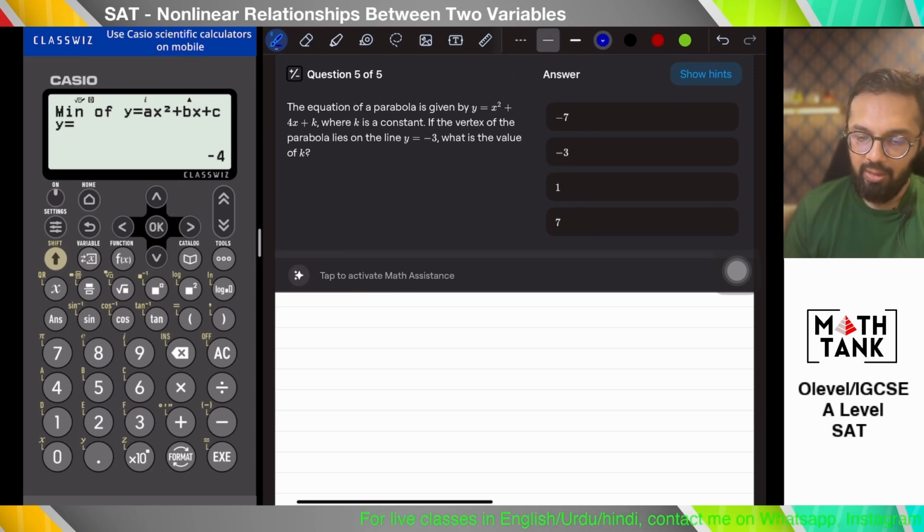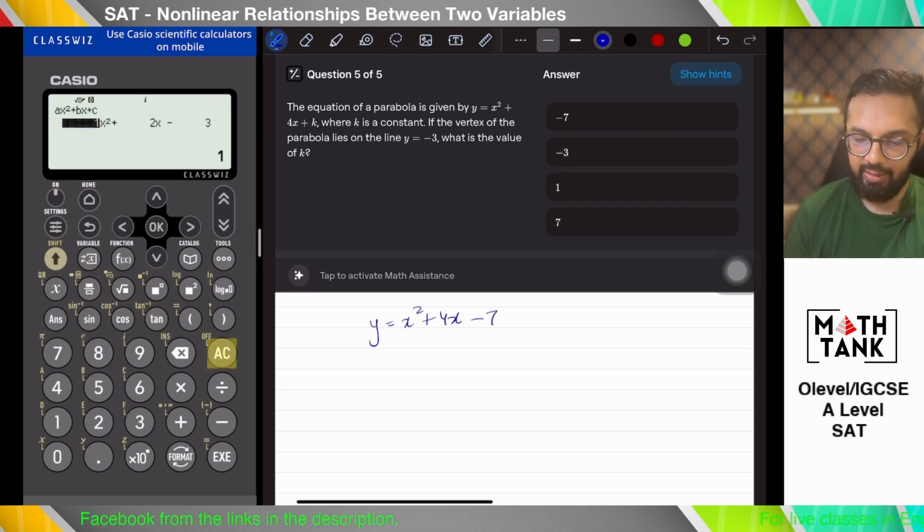The equation of a parabola is given by this. If the vertex of the parabola lies on the line y = -3, what is the value of k? Okay, so I could do this with trial and error. Let's say I take first k = -7 and do a bit of trial and error on my calculator.